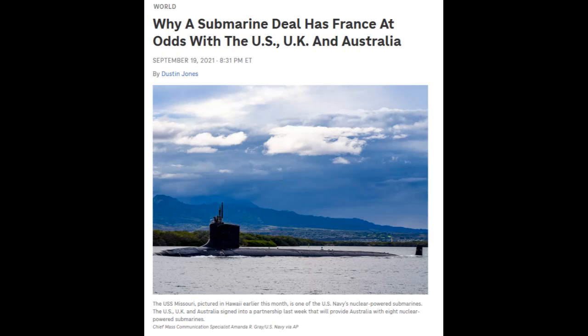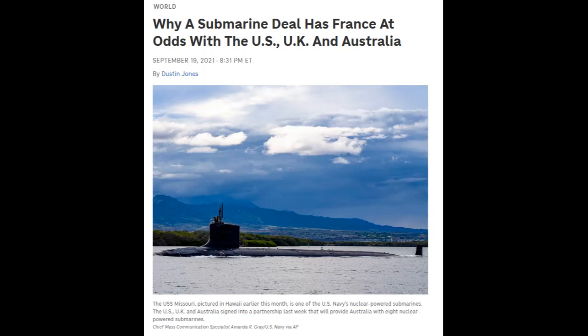You don't have nuclear submarines, you don't know how to maintain them, so we're just going to sell you conventional ones so that you're set. But although France is an ally, the United States interfered in that deal and got Australia to buy very expensive nuclear submarines, which they don't know how to maintain because they don't really have that technology, which the US would then have to share.